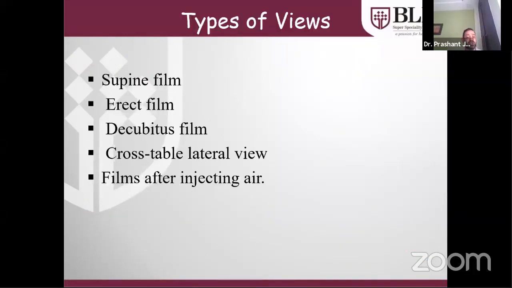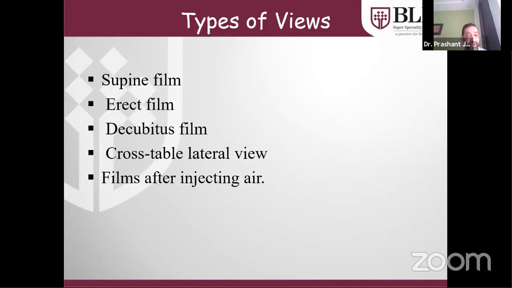Now, various types of views are recommended to make a diagnosis, although sometimes it may not be possible in a sick newborn baby to take the different types of views. But as surgeons, we always prefer doing the erect films, or if not possible, then we can do a decubitus film.